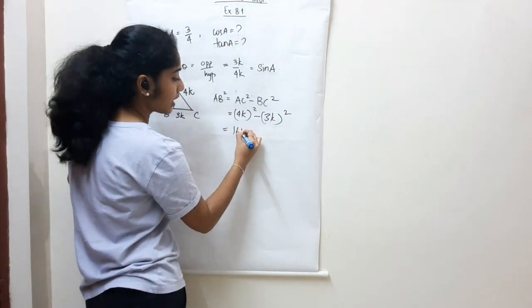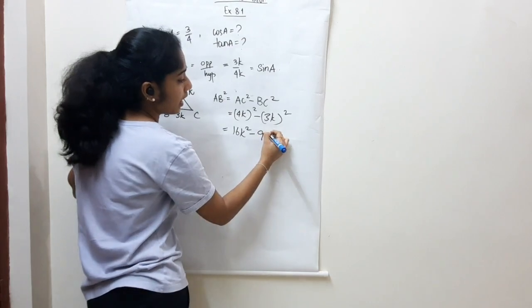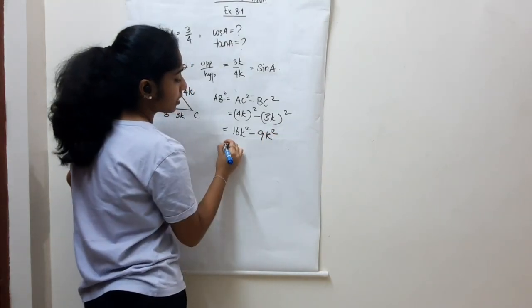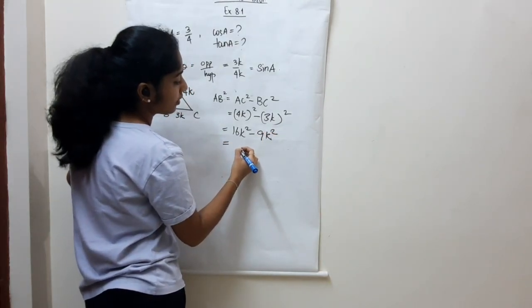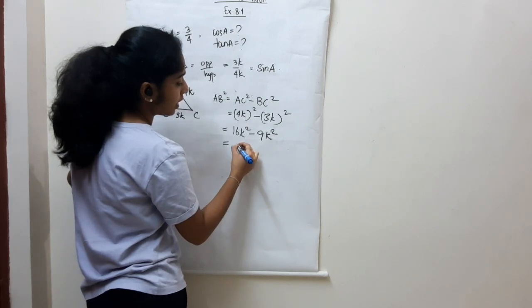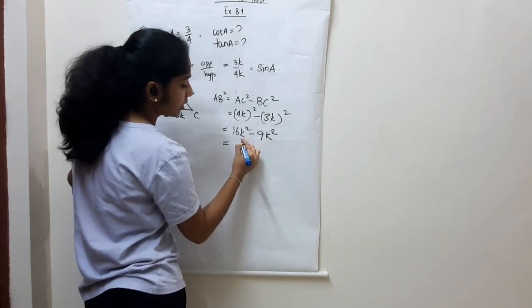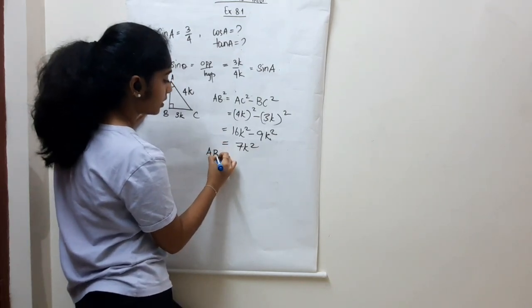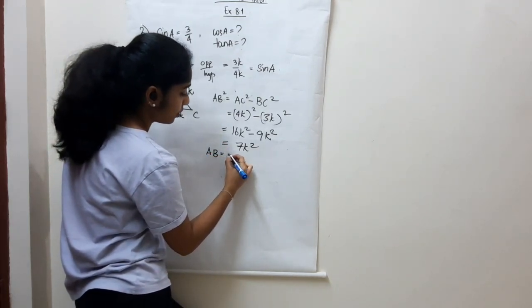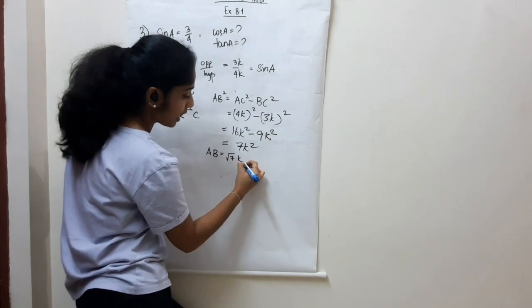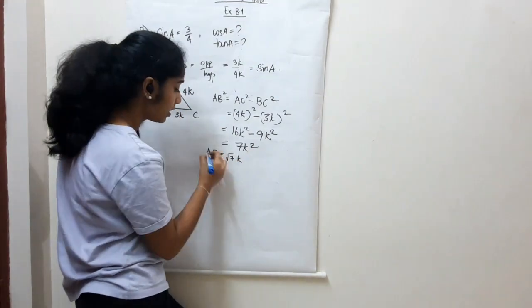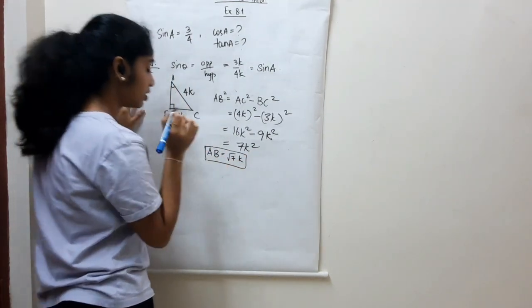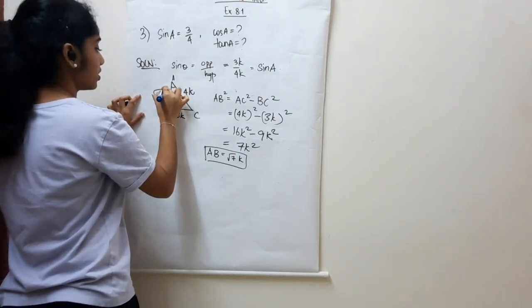We have 16k squared minus 9k squared. So we have 7k squared, right? So AB is root 7 k. K will be outside the root because it's a square, so it gets cancelled. So this is root 7k.